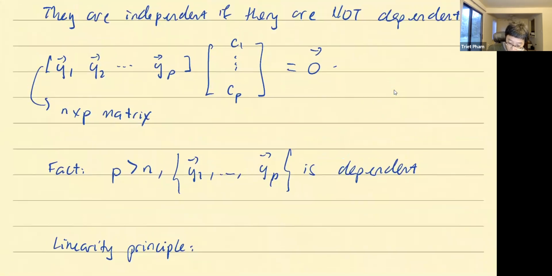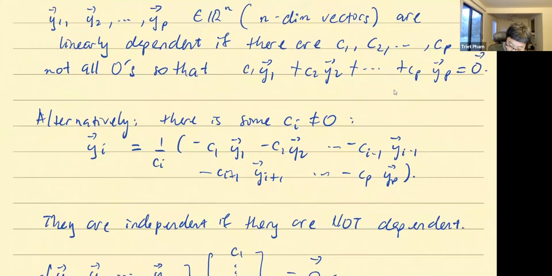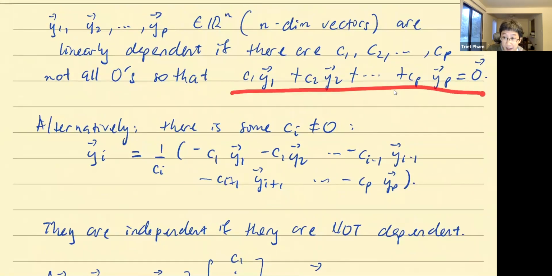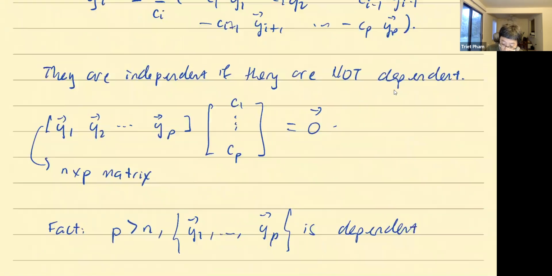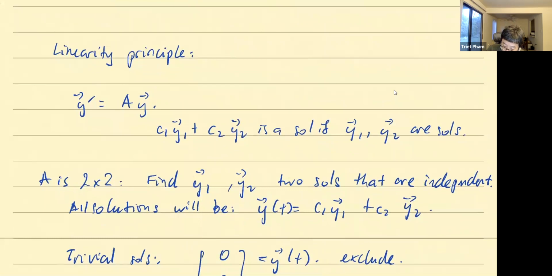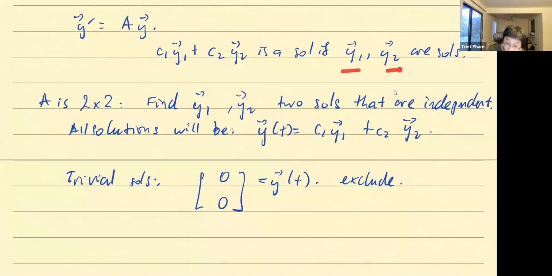When I define this, this is for static vectors, meaning vectors not a function of time. These are basically just numbers, and I say I'll do this combination. On the other hand, y1, y2 are vectors, but they are not static vectors. As time changes, their values change.